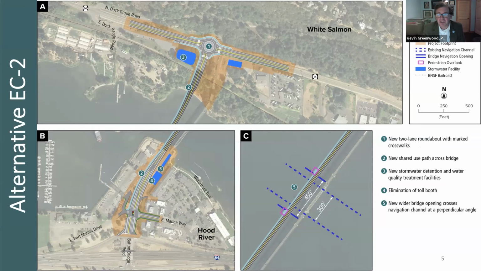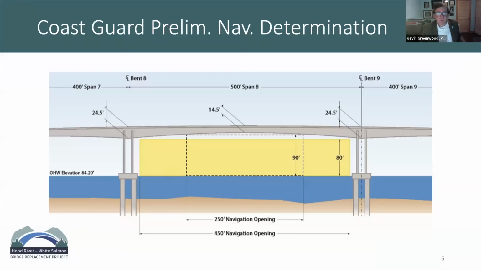It's about 100 feet to the west of the current bridge, and would incorporate the roundabout according to WashDOT rules. We have received a preliminary Coast Guard determination for a higher navigational opening and a wider navigational opening.